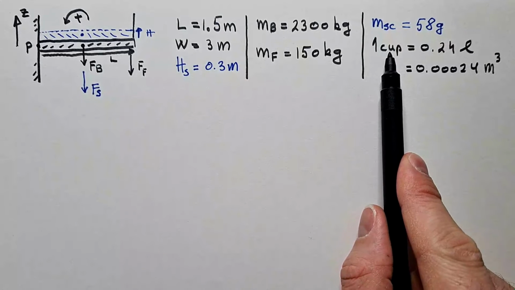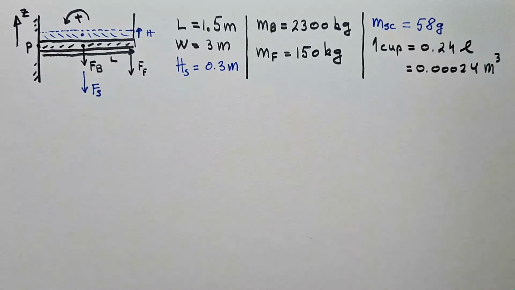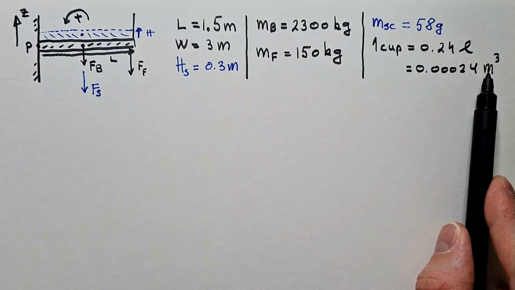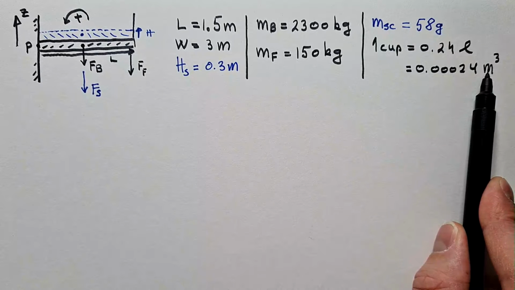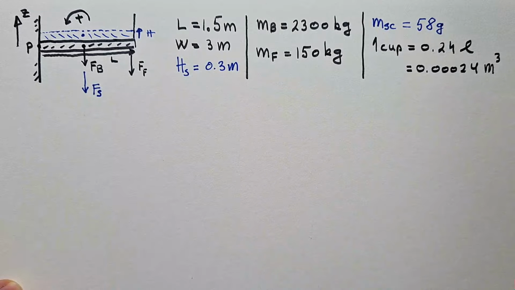We know that one cup is 0.24 liters, and a liter is 1,000 times smaller than a cubic meter, so we get that this is the volume of one cup. Now let's calculate the volume of the snow on top of the balcony.